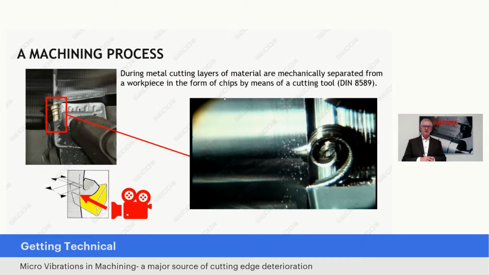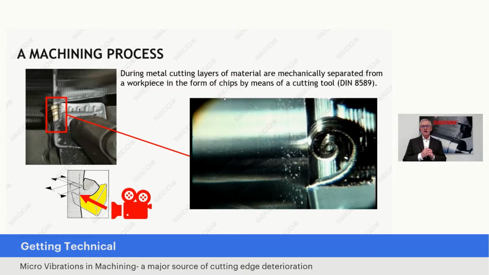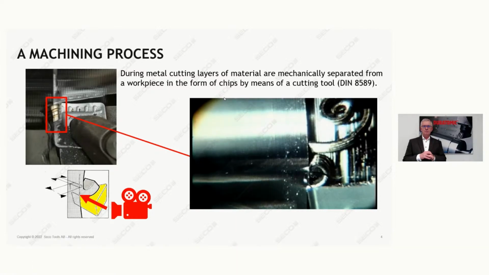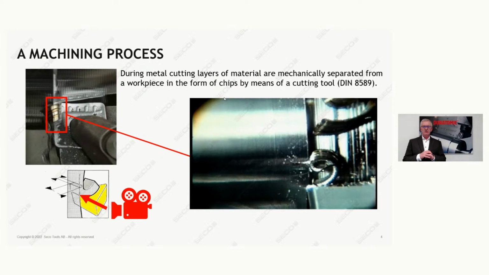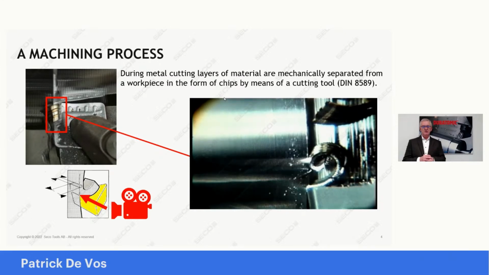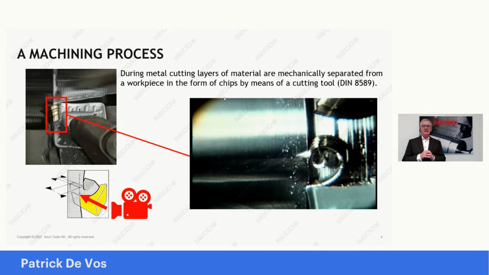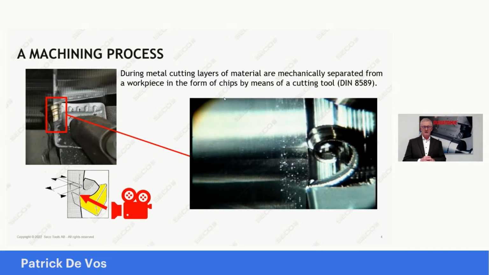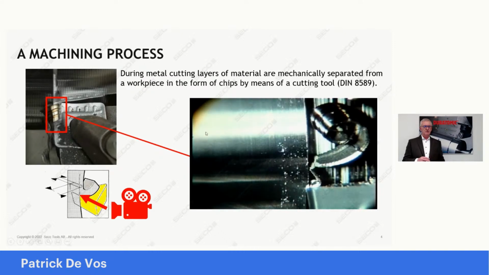Machining is a process where I use a so-called cutting tool, and that tool I push through workpiece material. I deform the workpiece material by doing that, and I deform it so much it shears off in the form of a chip. That process is referred to as machining.